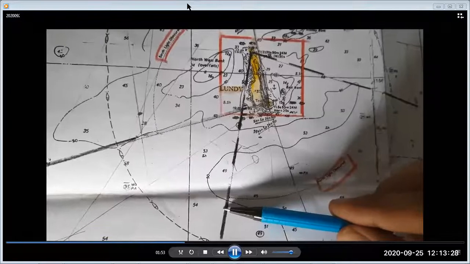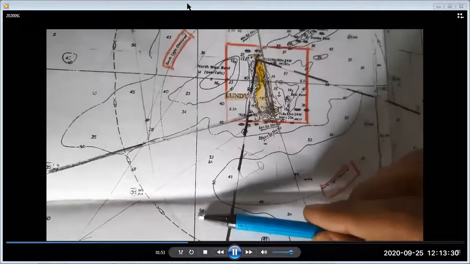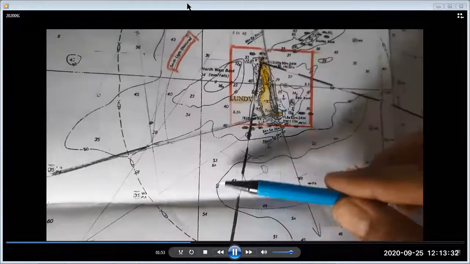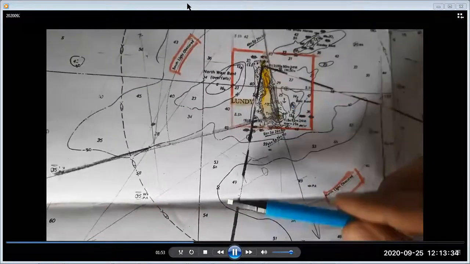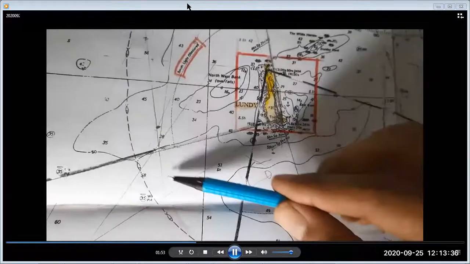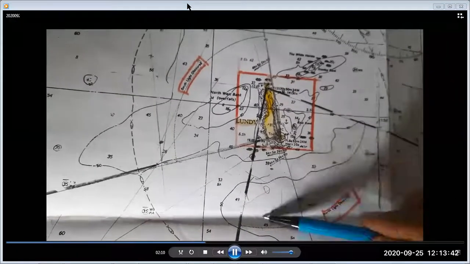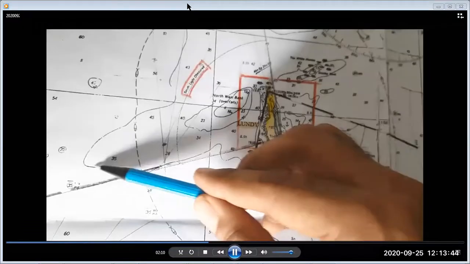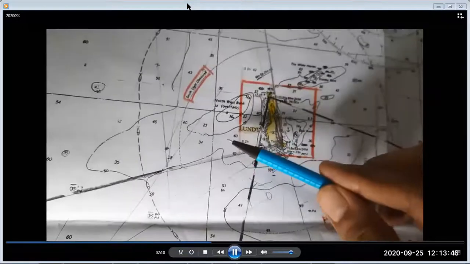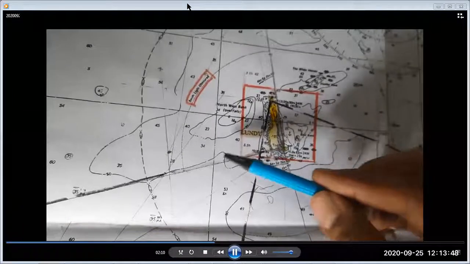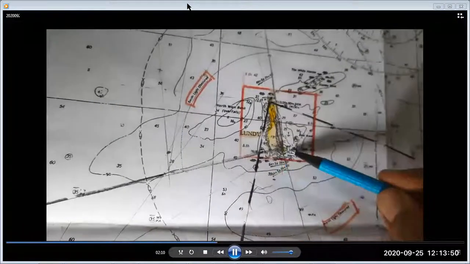Once you pass this line, only then can the north light be seen. So from here to here you will see both the lights, south light and north light. Here the north light will not be visible, only the south light will be visible, and here only the north light will be visible, the south light will not be visible.